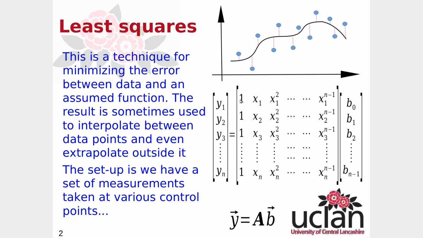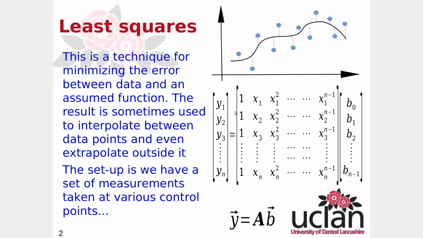Depending on what values we have on the other side, if we assume a linear function, we could say this is 1, x, and so in here we would have 1, the first value of x, then 1, the second value of x, to correspond to y.